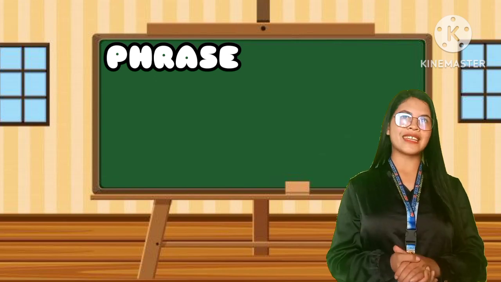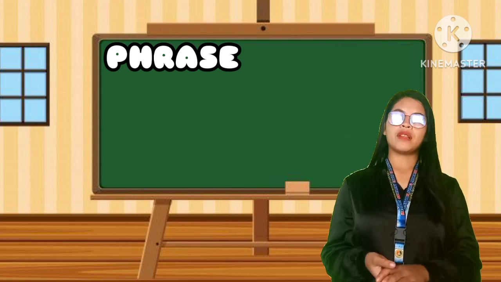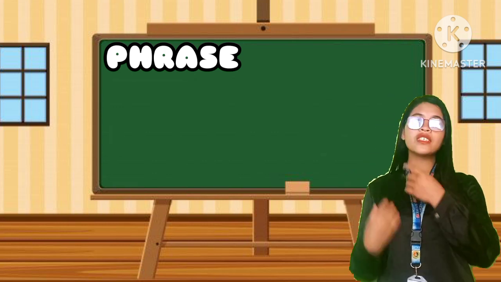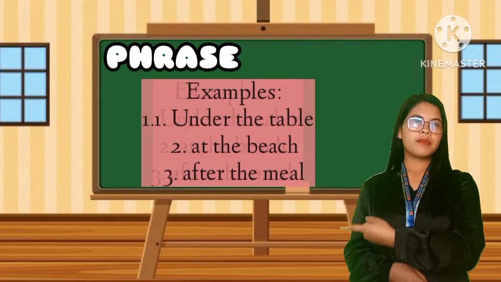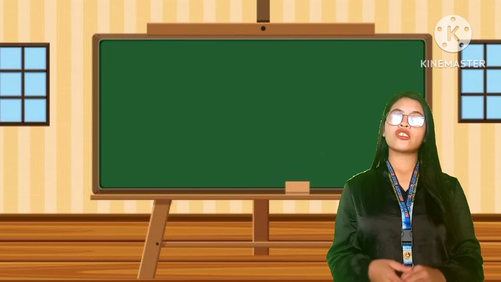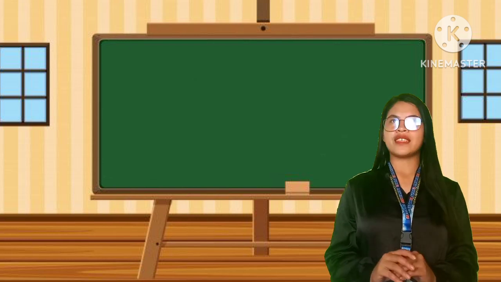So let me give you an example. I have 3 examples provided. We have under the table, at the beach, and after the meal. There are actually 8 types of phrases.